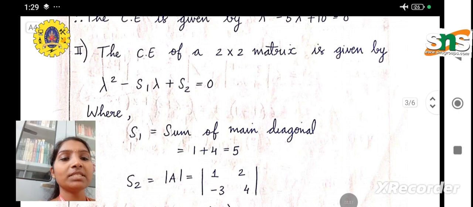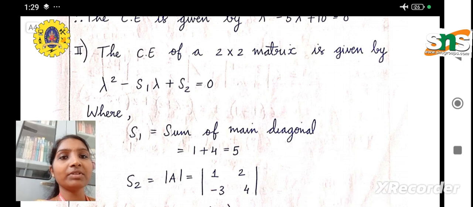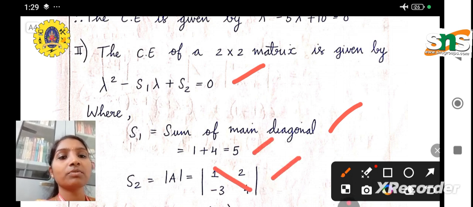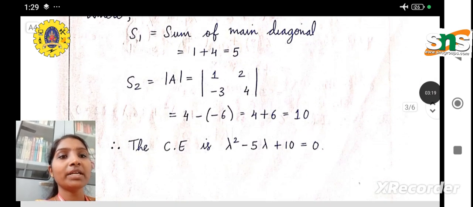And also in the second method, we will just take the formula which is on hand, which is lambda square minus s1 lambda plus s2 is equal to 0, where s1 is the sum of the main diagonal, which is 1 plus 4, which is equal to 5, and s2 is equal to the determinant of the given value, which is 1, 2, minus 3 and 4.